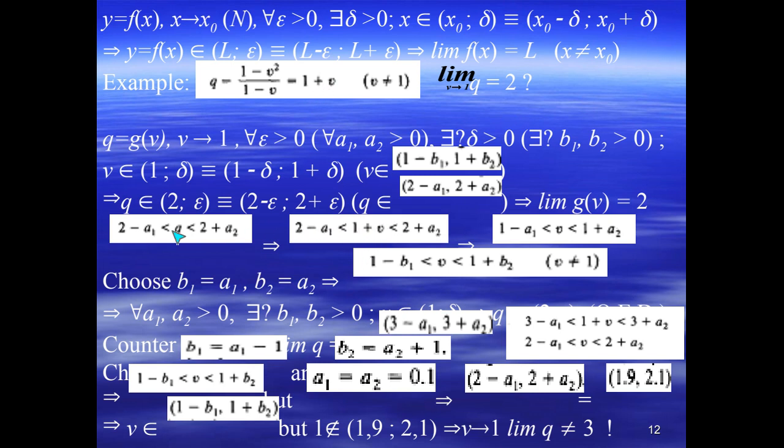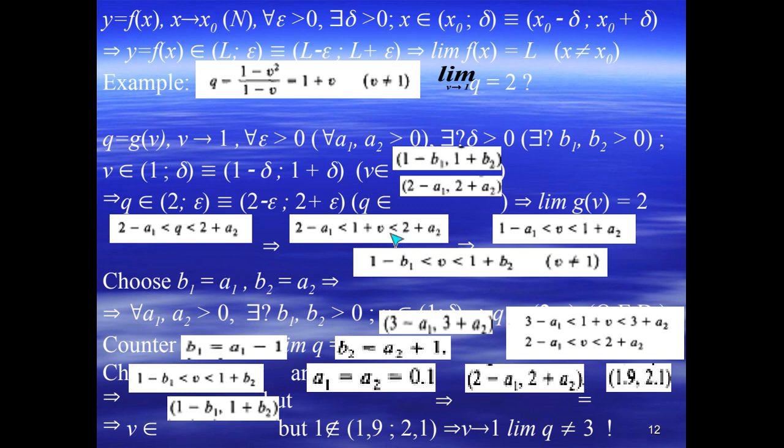It means if q is between 2 minus a1 and 2 plus a2, then 1 plus v is between 2 minus a1 and 2 plus a2, or if you wish, 2 minus epsilon and 2 plus epsilon as well. In mathematics books it would be like this. It's the same, but our book uses an asymmetric interval. It doesn't make a big difference.